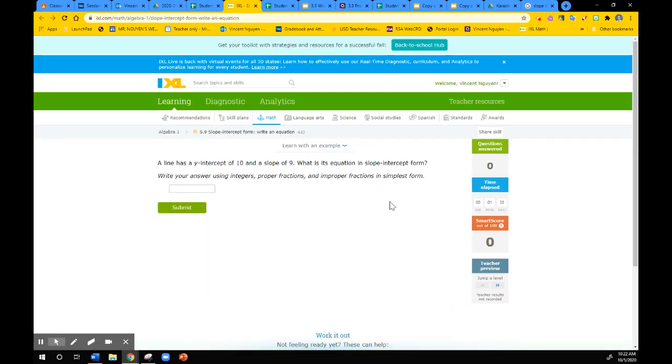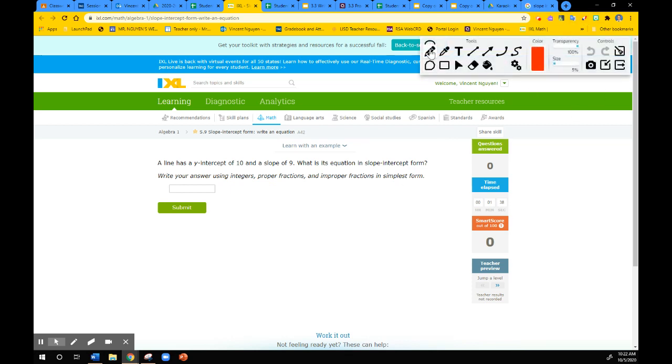All right, so I'm going to be using IXL problems to show you how to do these. Let's get started with this first easy example. We know our equation needs to be in y = mx + b, right? Remember, the m and the b must be some kind of values in order for our equations to work. The m here is given to us conveniently.